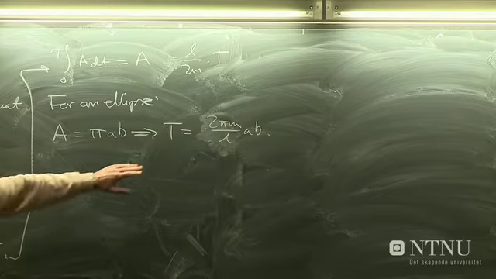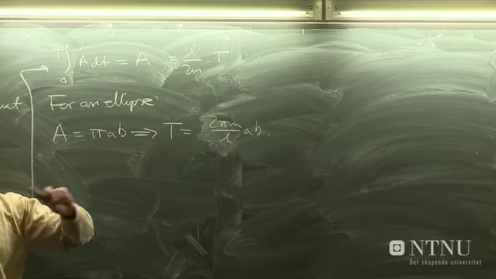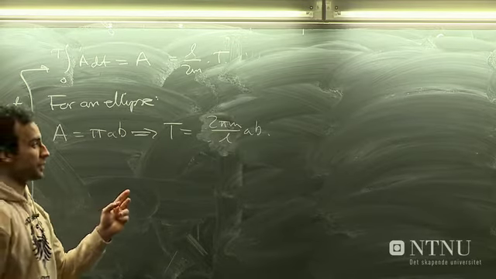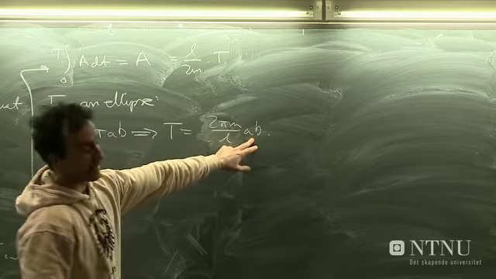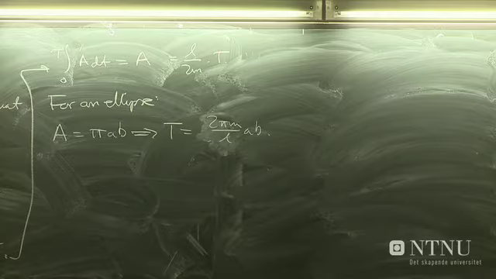And this gives us a way of expressing the period it takes for the particle to complete one orbit in terms of the half-axes A and B, as announced.